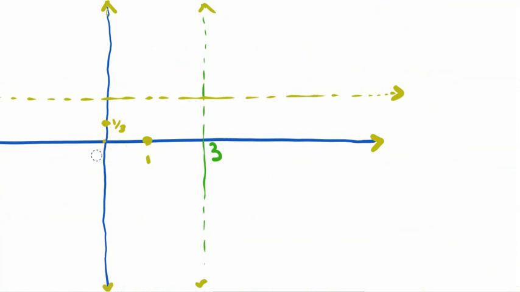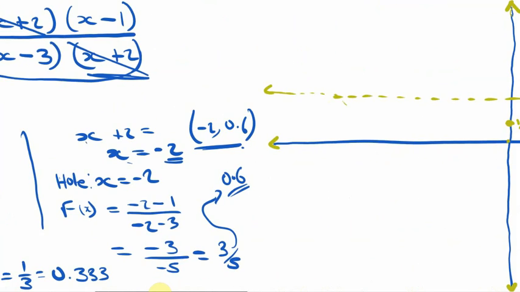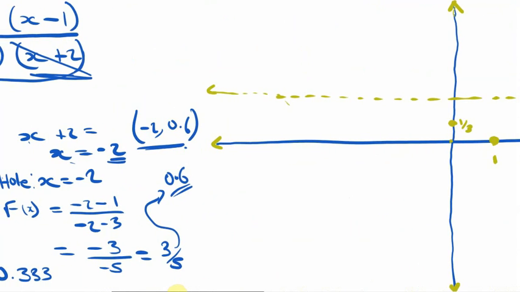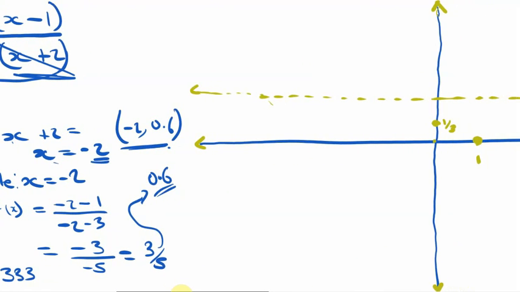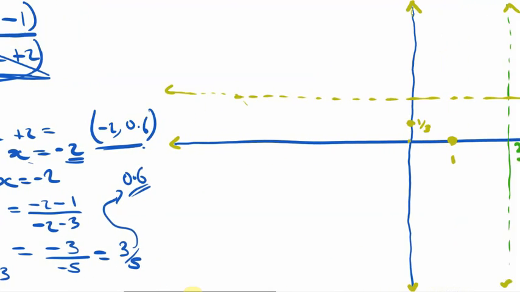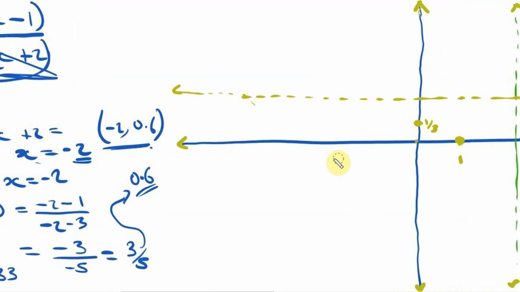Okay. What else? We have a hole. Let's plot the coordinate of the hole. The hole is at -2, 0.6.